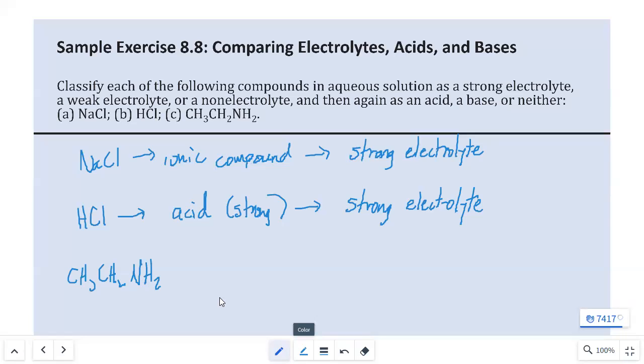If you read closely in your book, however, what you will see is that organic looking compounds with nitrogen in them, the nitrogen actually acts as a Bronsted base. So this is in fact a base. It is not one of our group 1 or group 2 bases, so it is weak.